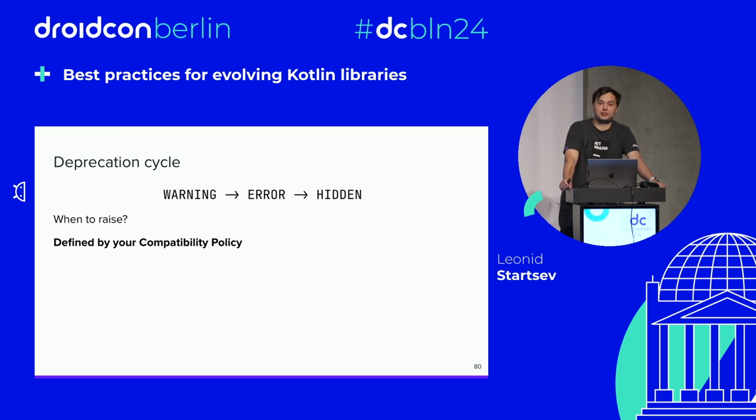The answer is it depends, and it should be defined by your compatibility policy, whether you follow semantic versioning, whether you follow some other versioning, and for example, whether you allow a method's deprecation level to be raised from warning to error in a minor release, or are you considering this a breaking change that requires a major release? It depends on you.